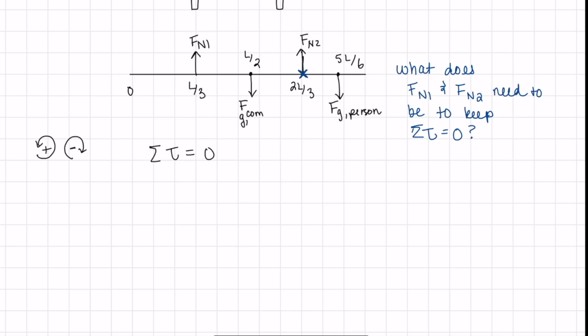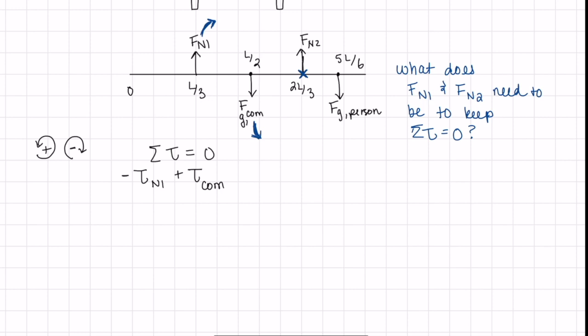So our Fn1 is going to give us a negative torque since it is going to be trying to push this clockwise. So we'll have a negative torque from normal 1. We'll have a positive torque from FG center of mass. That's going to be trying to push us counterclockwise, so plus torque center of mass.